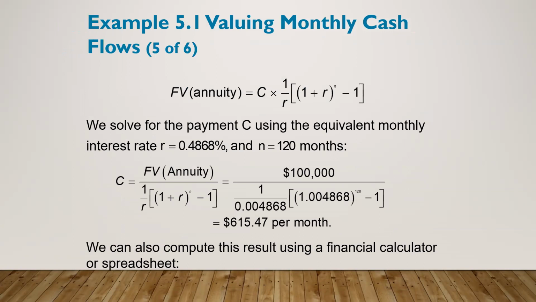So in calculating the monthly savings required to achieve a goal of $100,000 in 120 months, what we need to do is to find the monthly payment amount C that, when compounded at an interest rate of 0.4868% per month, will result in a future value of $100,000 after 120 months.